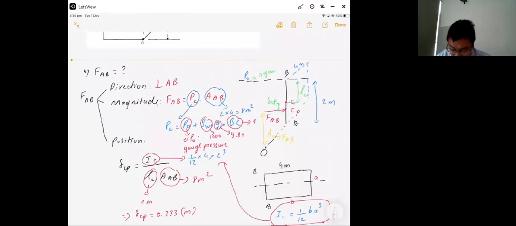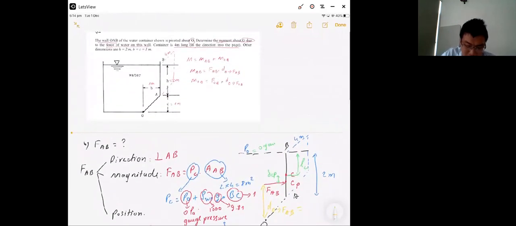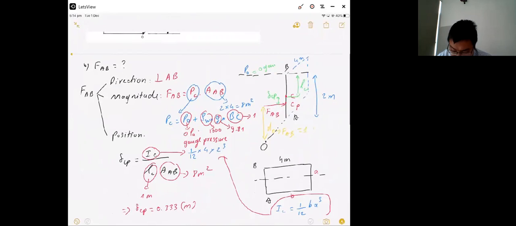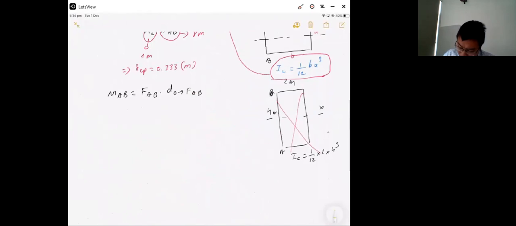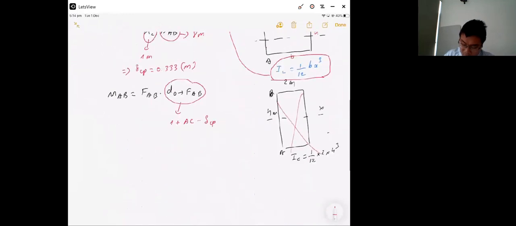And D from O to FAB will be equal to 1 meter plus AC minus delta CP. Okay, AC minus delta CP. So AC you have is 1 meter, and delta CP here.